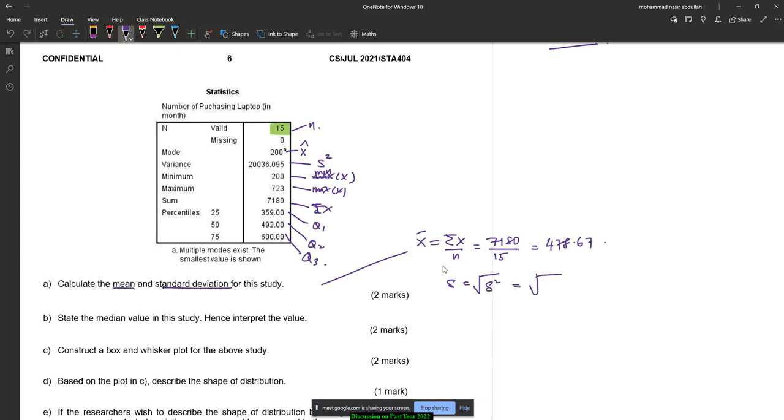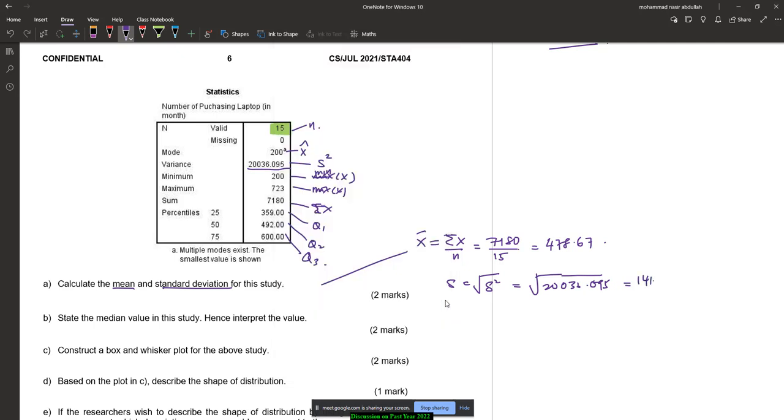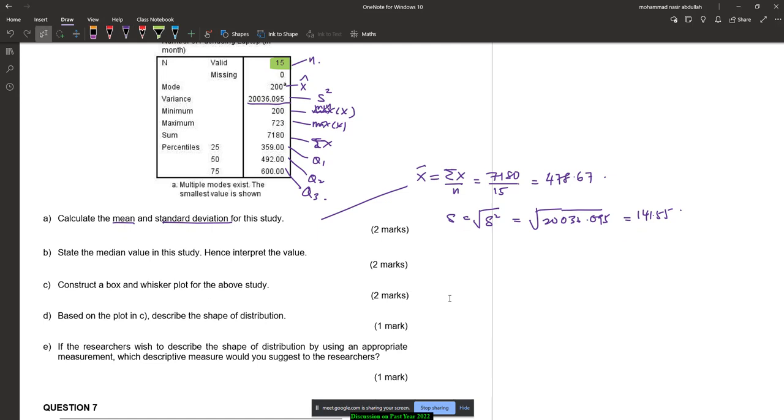So square root of our variance here, 20036.095, is 141.55. So 2 marks.